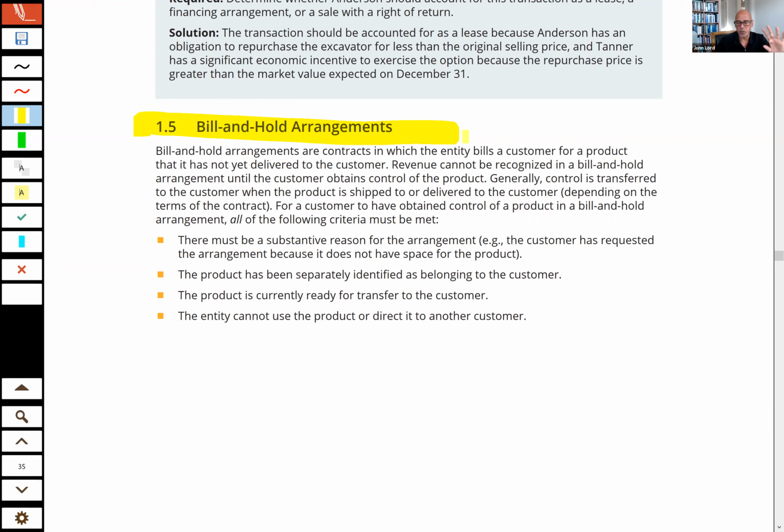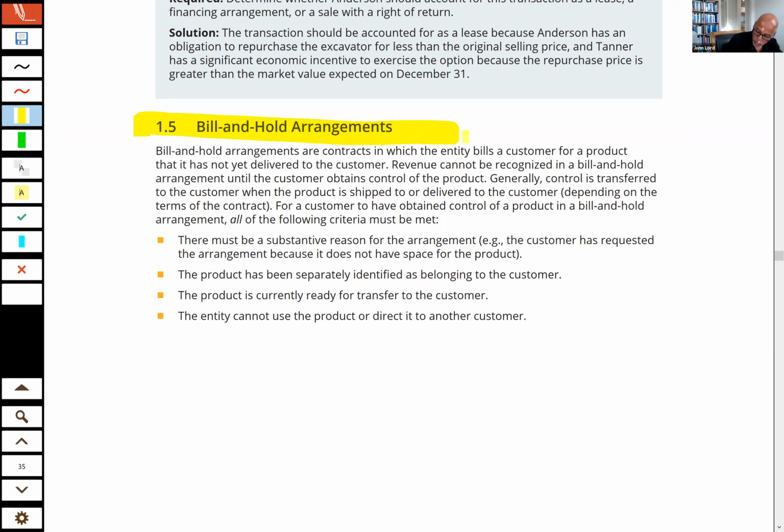So I sell it to you December 31st, you pick it up January 2nd. Is that a sale at December 31st, do you think? Yes, it is. Think of it: if you came back and the dude had sold the thing, you'd go to Judge Judy and say, hey, he sold my bookcase, right?